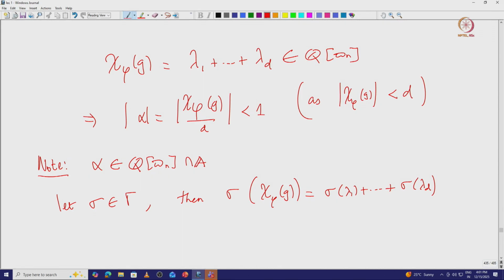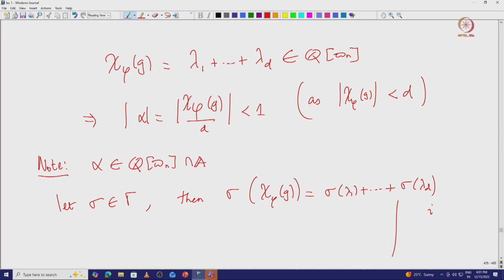So, this sigma of chi_phi of g is nothing but a sum of d number of nth roots of unity. Since the lambda_i are not all equal, that would imply that the sigma of lambda_i are also not all equal.